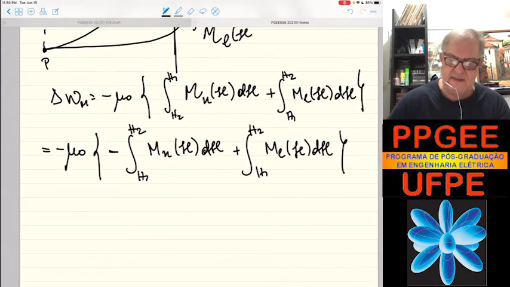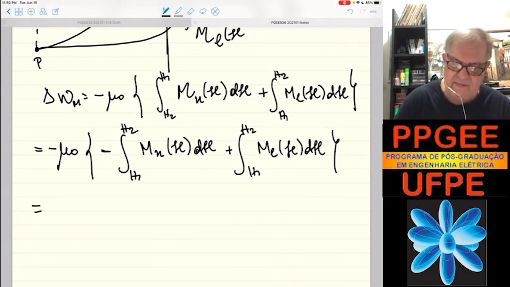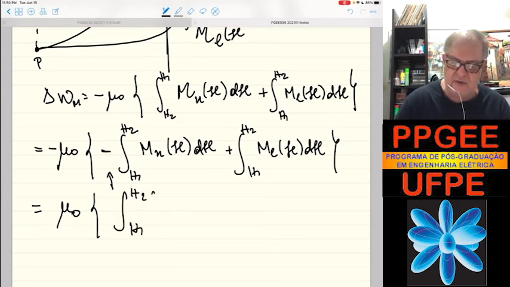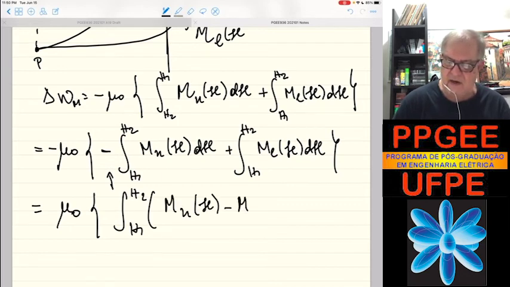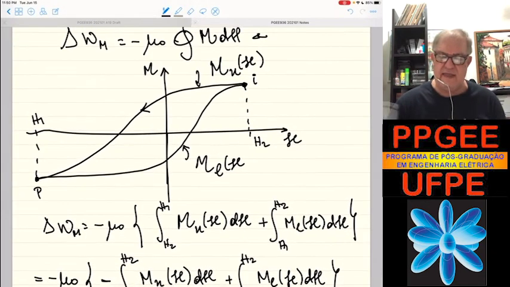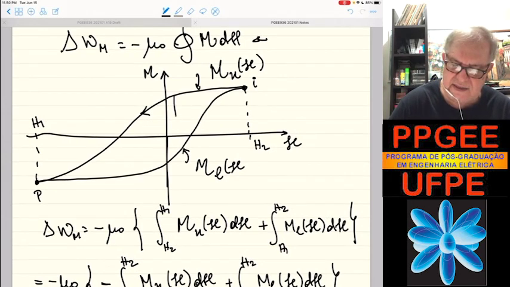And then what is this? I'm going to put the minus in evidence here: minus mu 0 times the integral from h1 to h2 of m upper of h minus m lower of h, dh. So let's identify what m upper minus m lower is: this distance here.